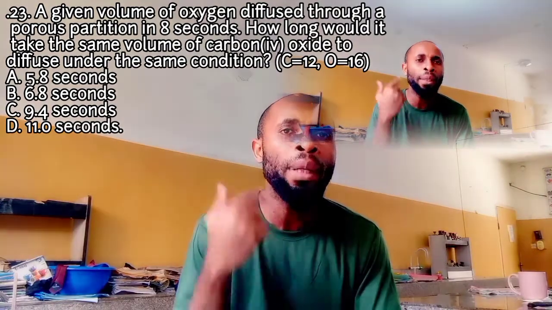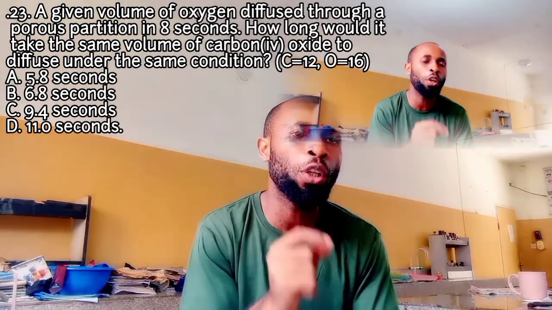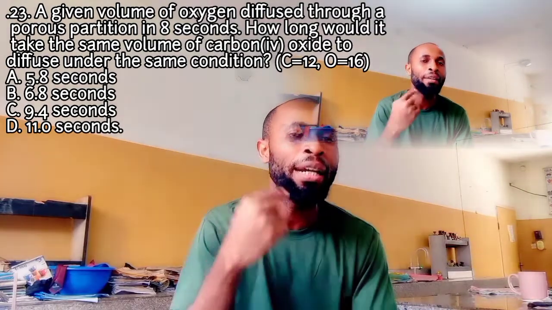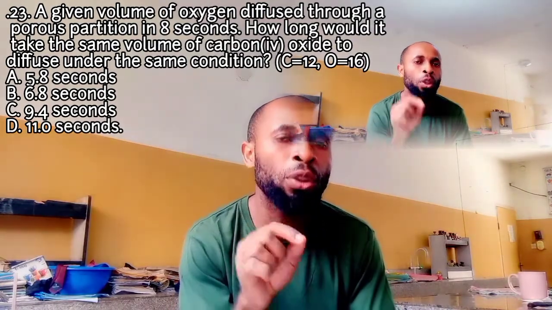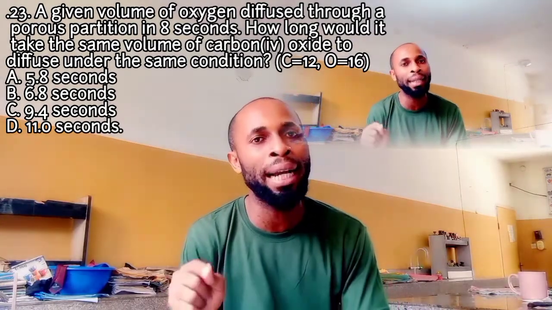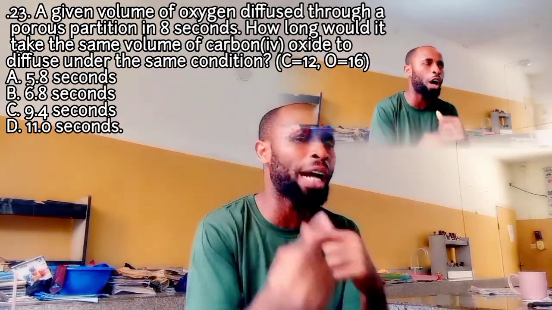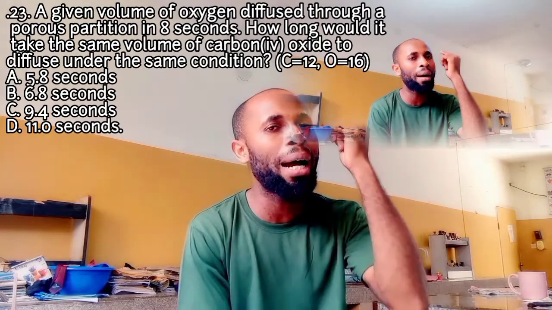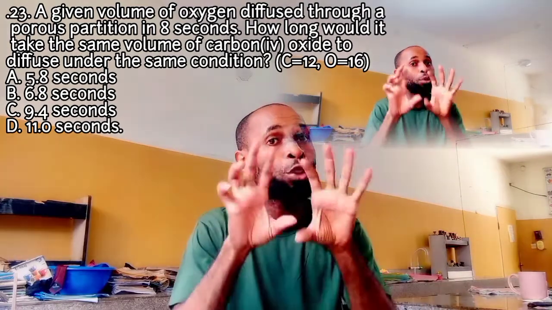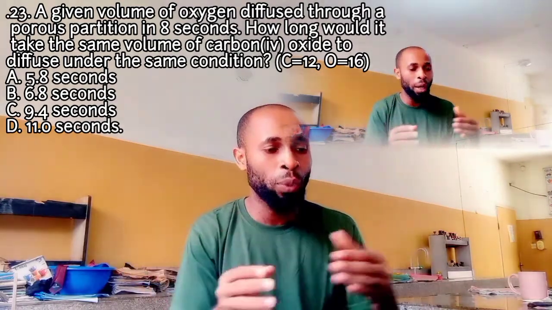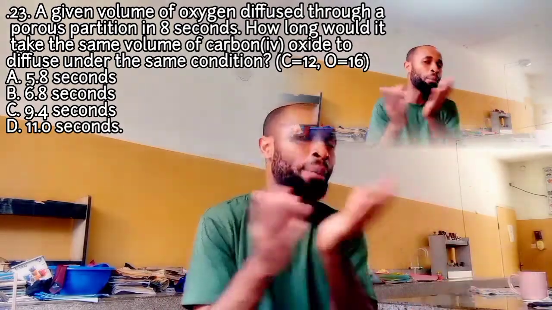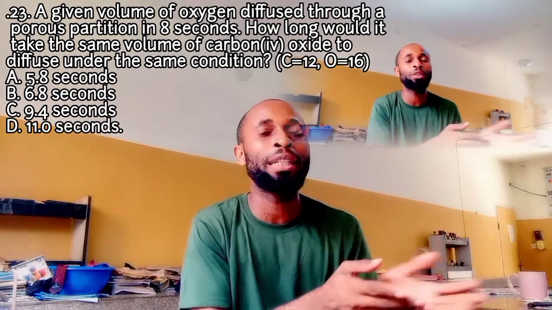Now, Graham states that the rate of diffusion of a given mass of gas is inversely proportional to the square root of the vapor density of that gas at constant temperature and pressure. That is how I got the assumed molecular mass of air, because we are going to compare VD and molecular mass, where molecular mass is 2 times VD.